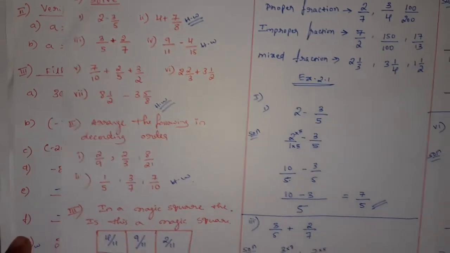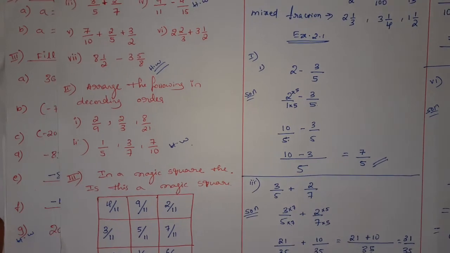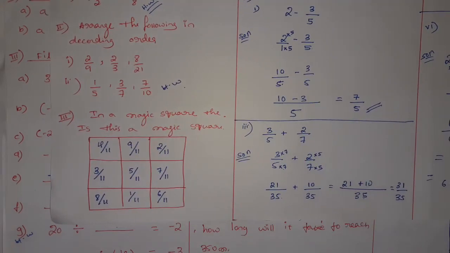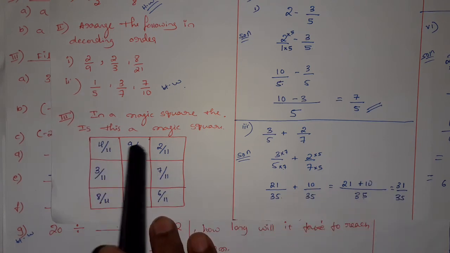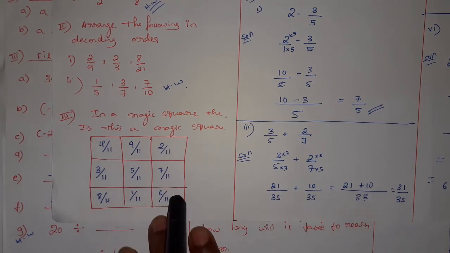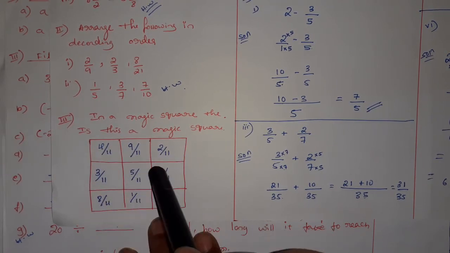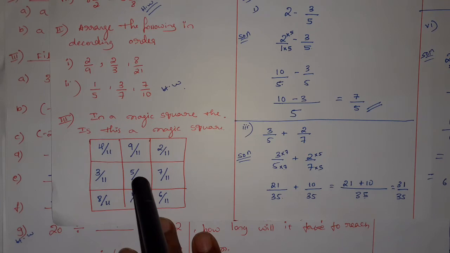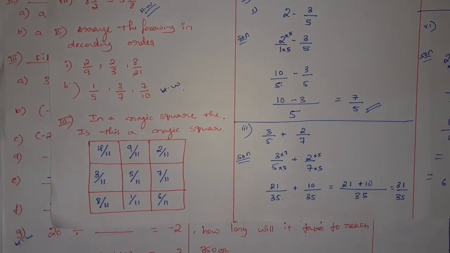The third one is a magic square. We need to check the magic square. Here I will only show you, but you can do the proper calculation at home. What do you mean by magic square? In the previous lesson, if the sums of 3 rows, 3 columns and 2 diagonals are equal, then such a square is known as a magic square.